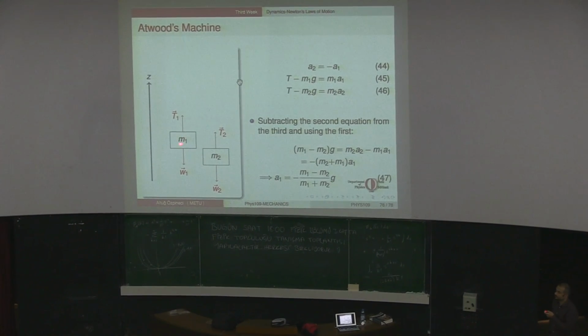So will the snake be able to balance you? There's a fly, let's say, not a snake, a fly. It's trying to balance you. Will it be able to save you? Well, let's see, if m2 is very, very large compared to m1, we expect the acceleration of the first mass to be upwards. So a1 should be positive.